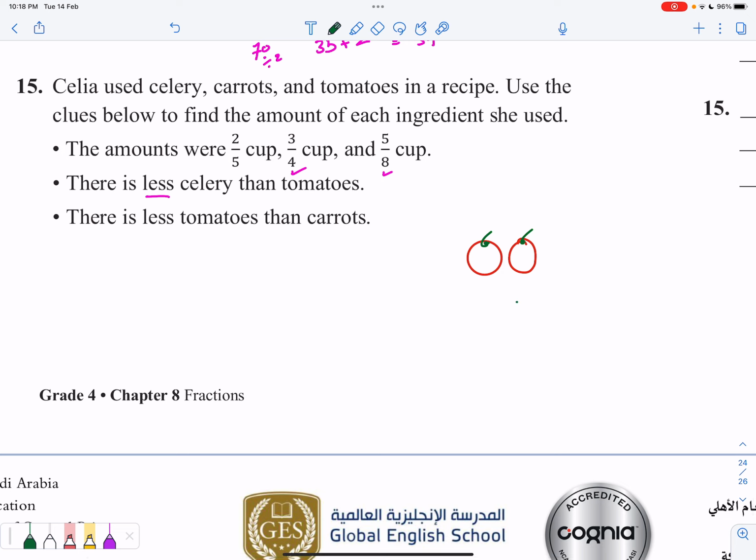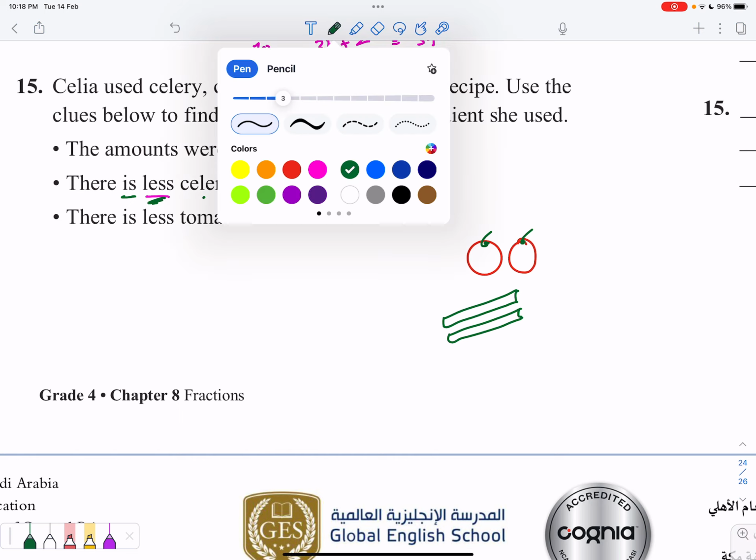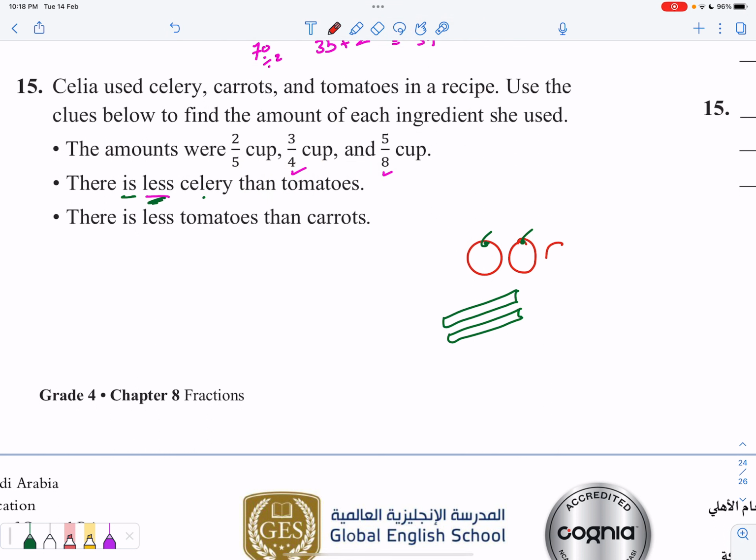So, one more time, there is less celery than tomatoes. For example, if I have 3 tomatoes, I could have 2 celeries, because the celeries are less than tomatoes.